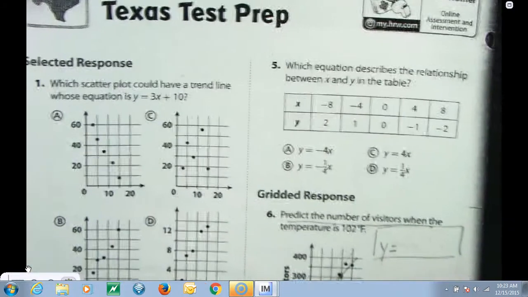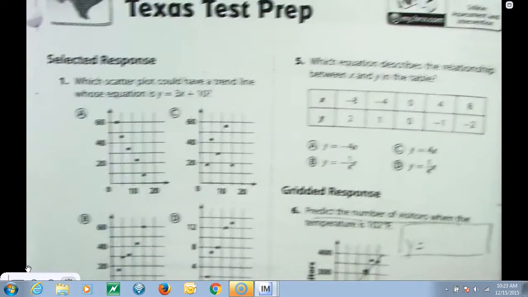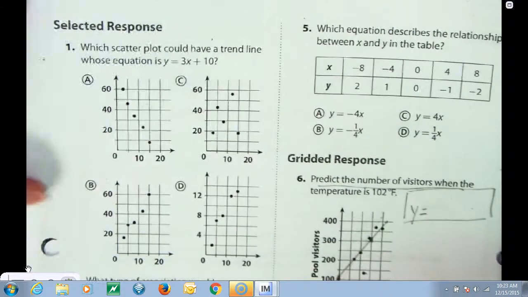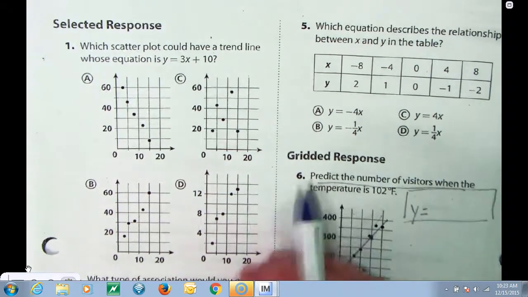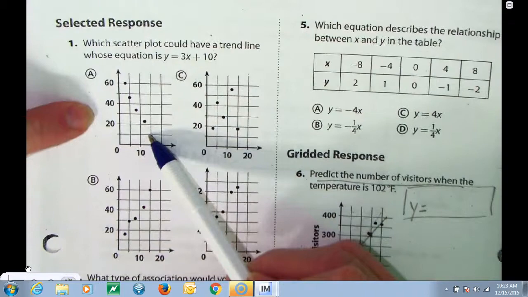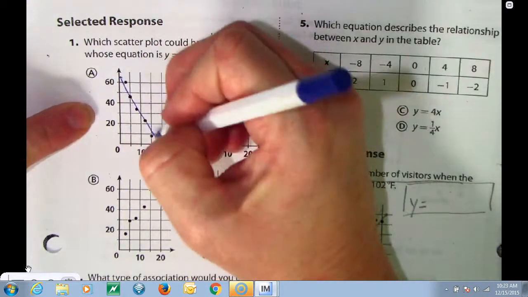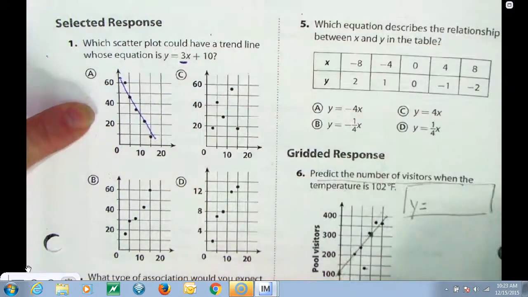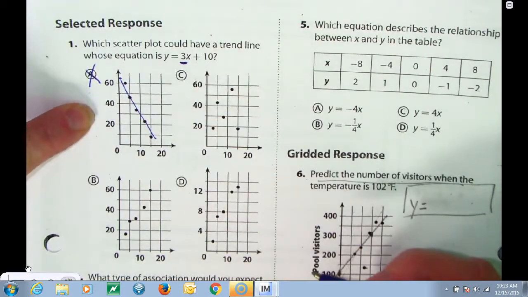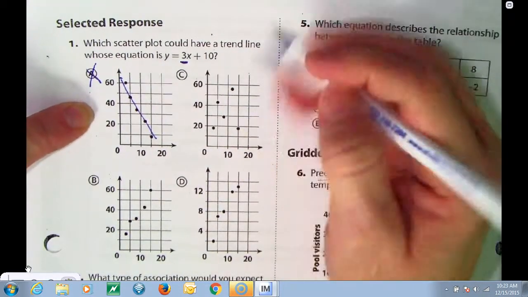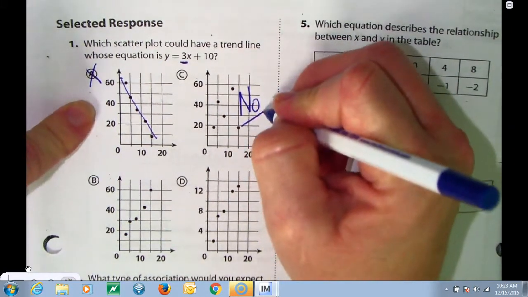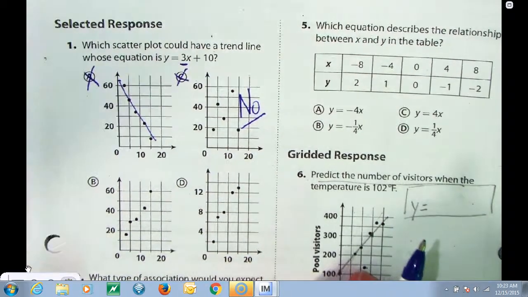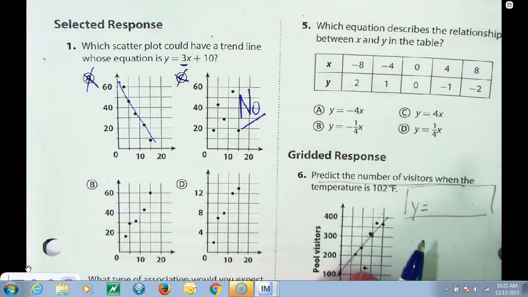Okay. Look at number 1 on page 408. Which scatter plot is going to have that trend line, that equation? B. Okay. Why can't it be A? Because that's coming down. That's negative, and this is a positive slope. So it can't be A. And why can't it be C? It's no association, right? It's all over the place. I found out the answer because I looked at the y-intercept and I checked them all.